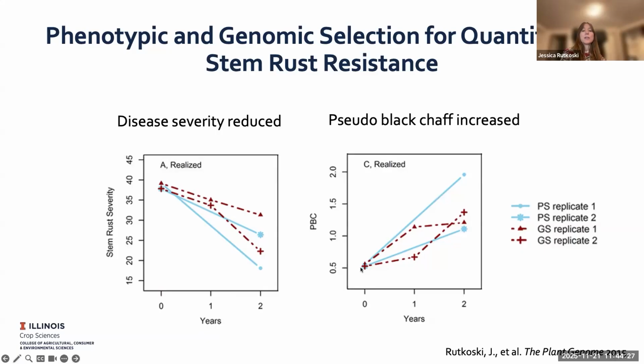And interestingly, as we improved disease resistance, we actually got an increase in the intensity of pseudo-black chaff. That was kind of unexpected, because this trait was considered to be monogenic, affected by just one gene. So we weren't expecting to see a correlated response in that way. That was pretty interesting, although not a desirable trait really, but it illustrates how selection changes our populations for a trait of interest as well as correlated traits.